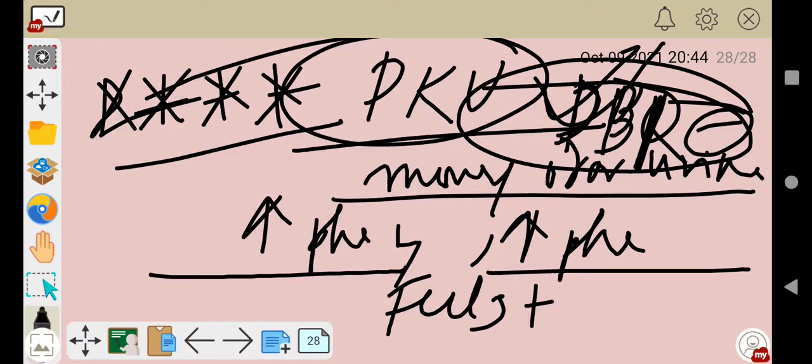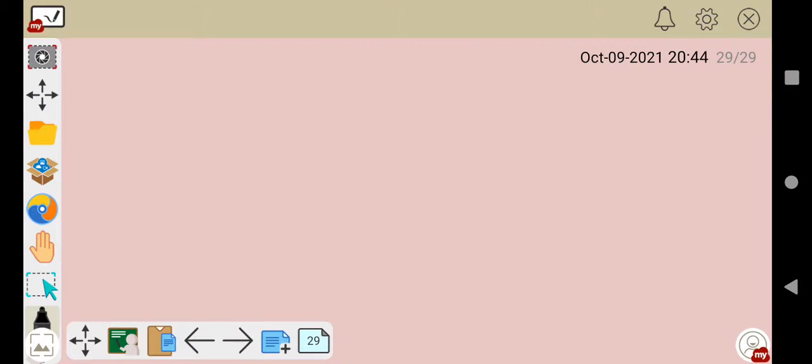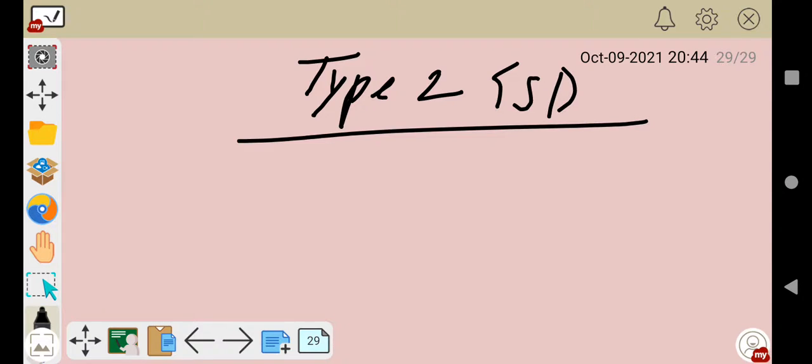Okay, so now we will talk about some questions that have been asked. This one, type 2 GSD. This is also important, guys. So type 2 GSD is also known as Pompe's disease.